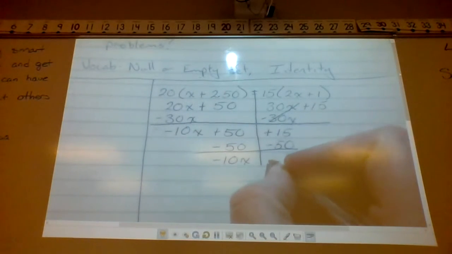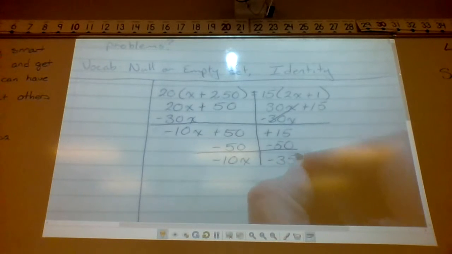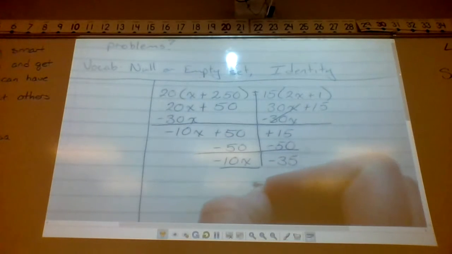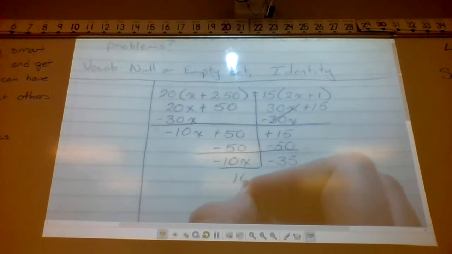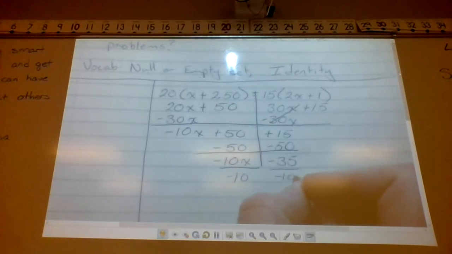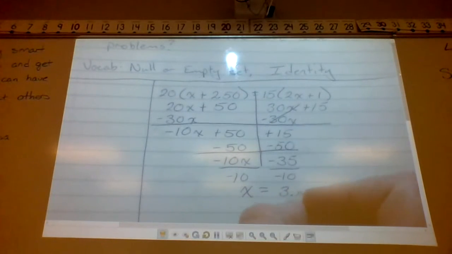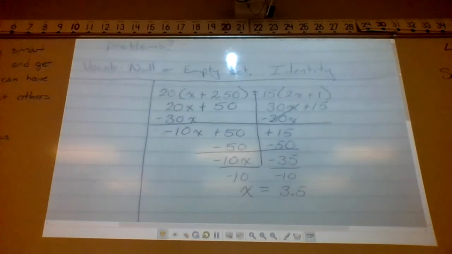Negative 35. Now what? Divide by negative 10. So x is equal to what? Positive 3.5.